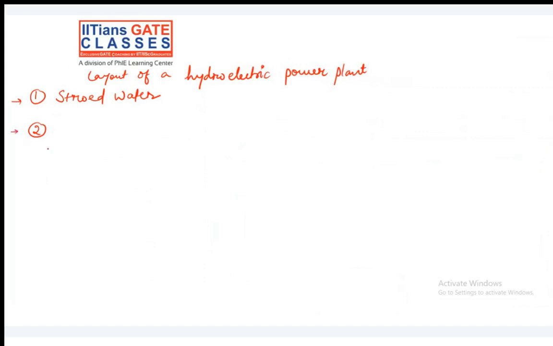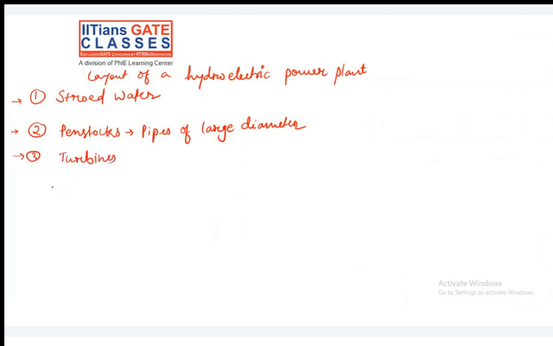Second thing, we have pipes which will carry this water to the turbines. These are called penstocks. Penstocks are pipes of large diameter.